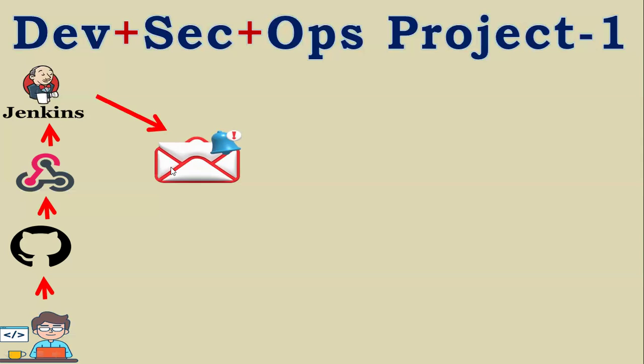But in this project, we are going to configure it to get mails on both build failures and build success, by using pipeline script. But we need to configure some steps inside Jenkins as a Jenkins administrator, and we will see that.